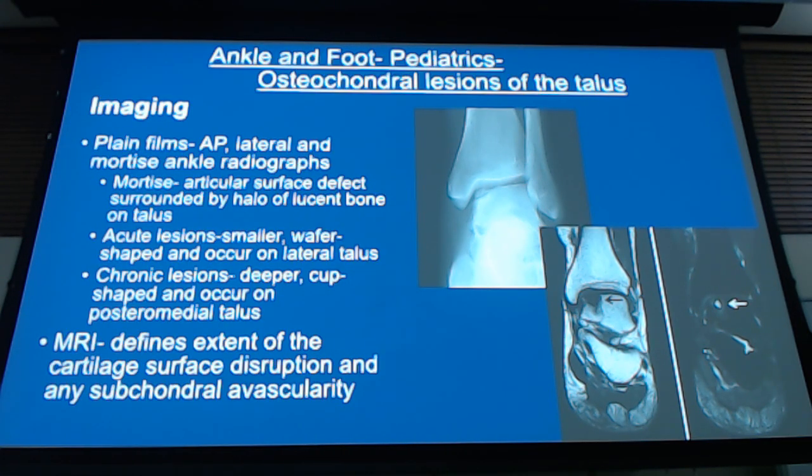Now, I want you to remember that if you want to appreciate the extent of an OCD, regardless of what we talk about in fractures, and the X-ray is equivocal, which means that you cannot tell exactly what it is, get an MRI. That is the study of choice. Okay? Could you get a bone scan for this? Sure. You get a bone scan for whatever you want, right?